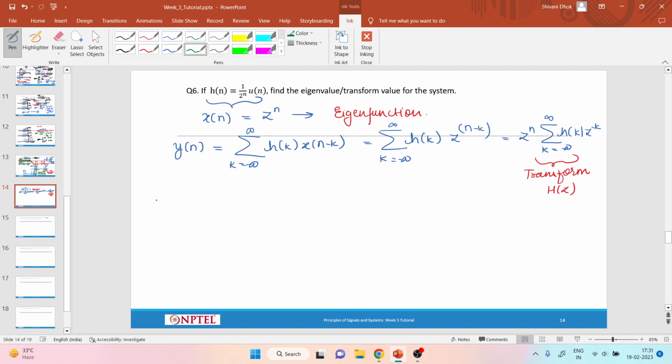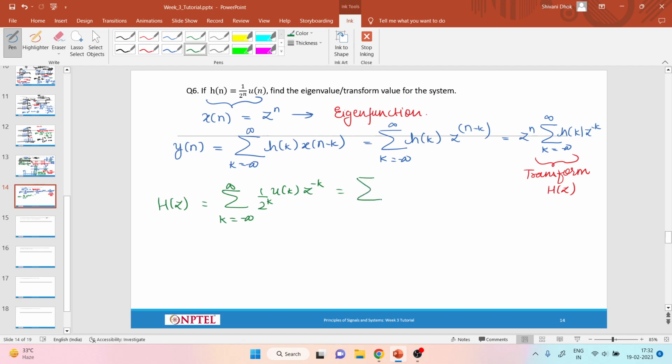So H of z is equal to summation k running from minus infinity to infinity of h of k z power minus k, where h of k is 1 by 2 power k u of k. This u of k is non-zero for k running from 0 to infinity.